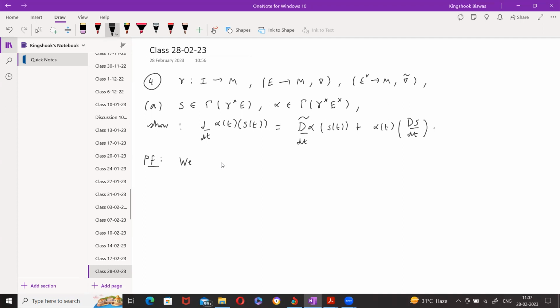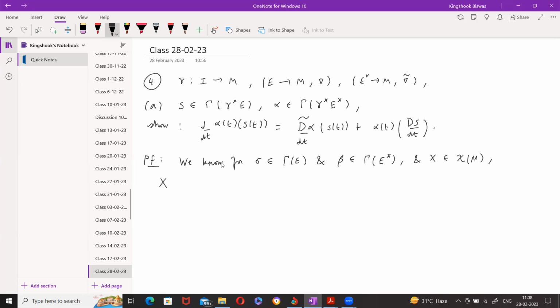Now, we know for a section sigma of E over M, and a section of E star, say beta, and for X a vector field on M, the connection on the dual bundle satisfies the following Leibniz rule.